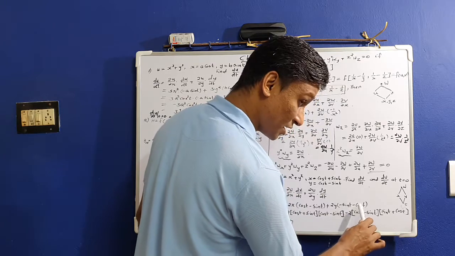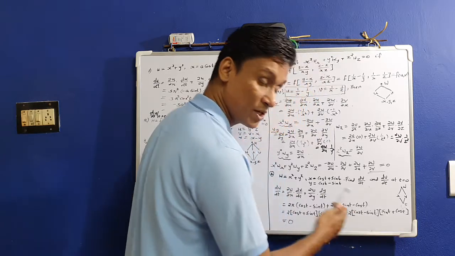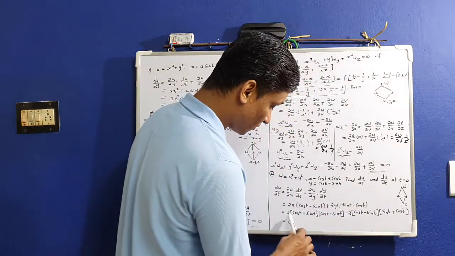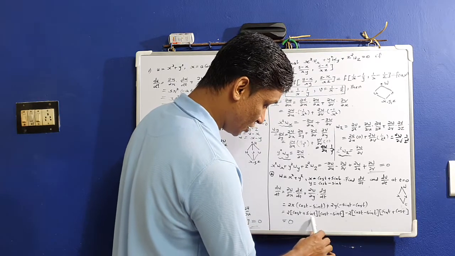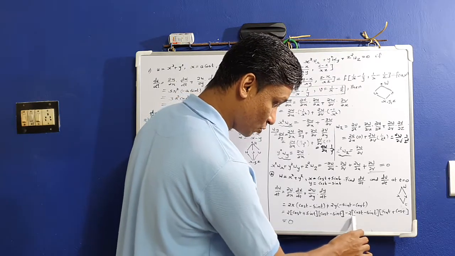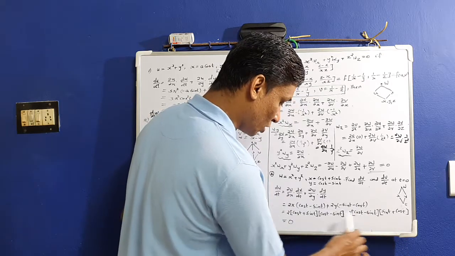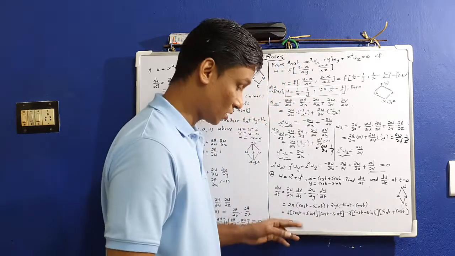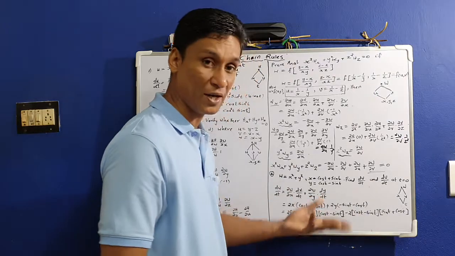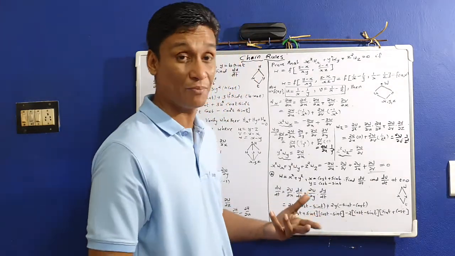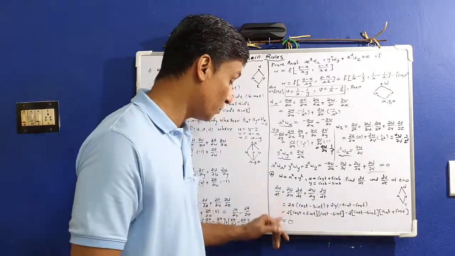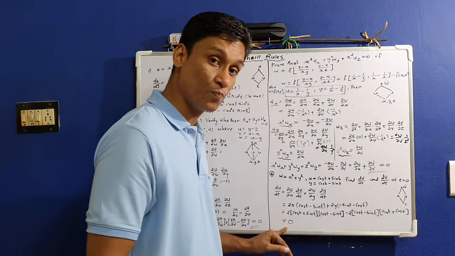This term becomes sin t plus cos t because I have taken this minus outside. So 2 into cos t plus sin t into cos t minus sin t minus 2 into cos t plus sin t into cos t minus sin t. Both of these terms are one and the same, so with the minus the effective sum will be 0. So dw by dt equal to 0.